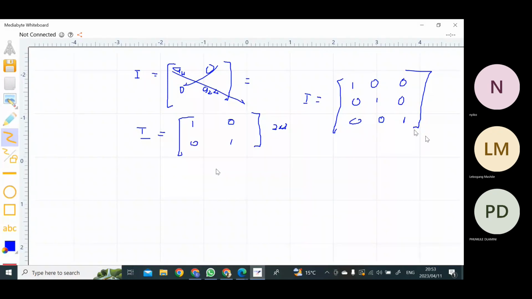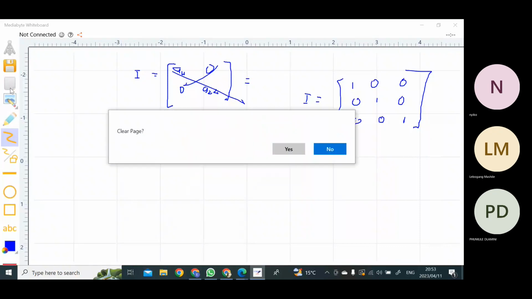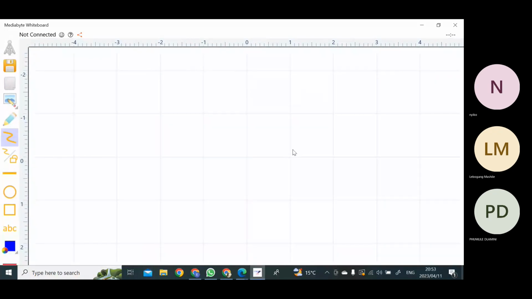In exercise 11, which I was doing, I've written it in terms of how you can solve it. Now I'm going to write it in terms of solving it so that we can solve together and you see how we do it step by step. Then we're going to move to the other chapters on determinants and inverses.